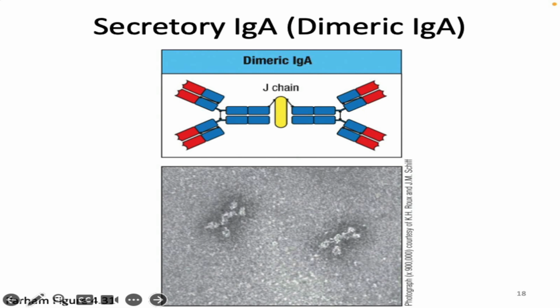You can see some secretory IgA, some dimerized IgA under an electron microscope. So, like I've mentioned a couple of times, IgA is really important in its anatomic location.